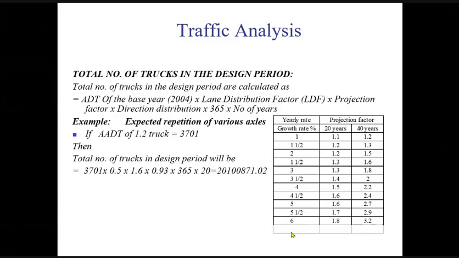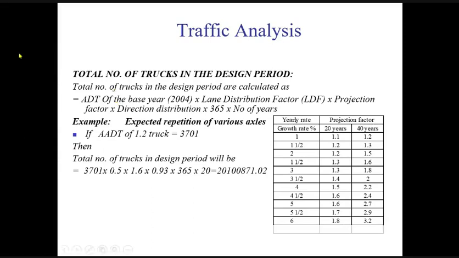For instance, if the average annual daily traffic of a single unit truck, that is a 1.2, meaning 2 single axle truck, obviously single axle truck with the dual tires at the back, is say 3701, and I want to know the number of trucks in the design period. So just look at this, and I'm interested in designing it for 20 years.